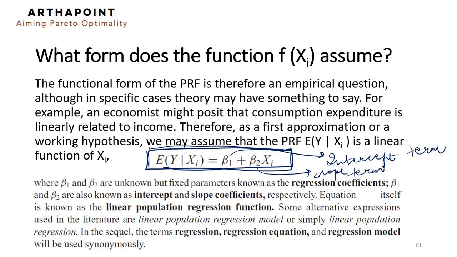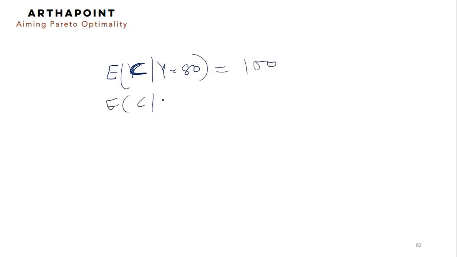So, supposedly, I tell you the expected value of consumption given income equal to 80 is some value, was 100. Then E of consumption given income equal to 100 was 120.